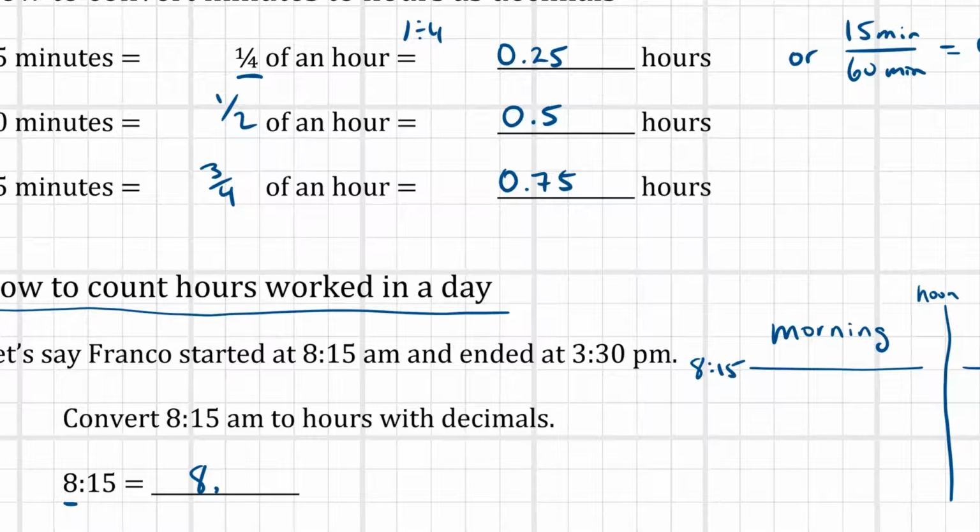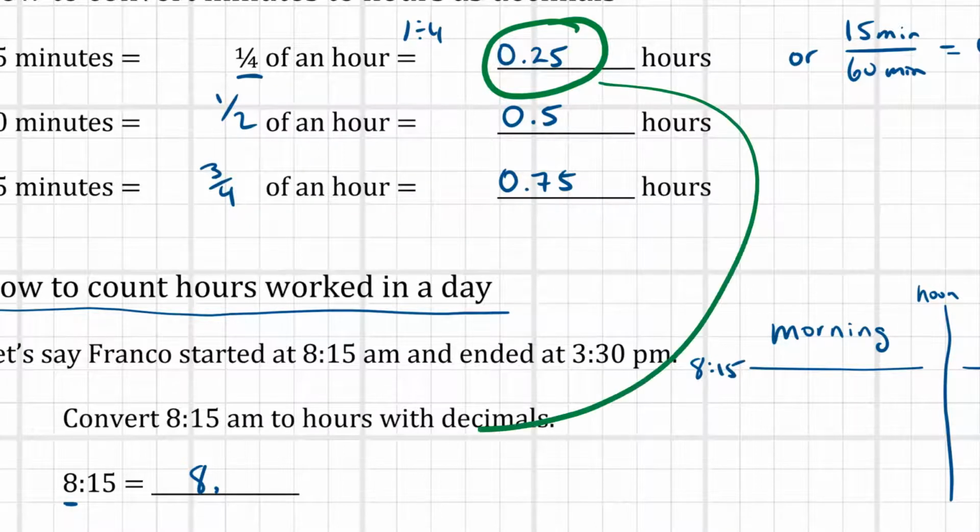So that's where we're going to take this one over here, and we're going to pop it over there. And we're going to say, okay, 0.25. So in normal time way of talking, we say 8:15. If we're talking in terms of hours, we could say 8.25 hours. Okay, so that's when they started.